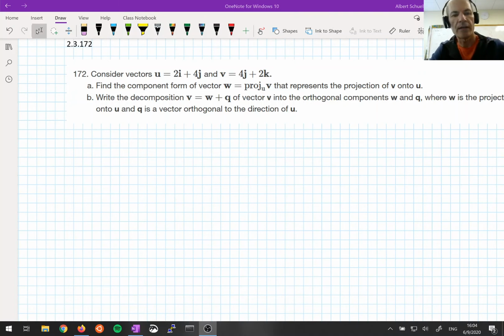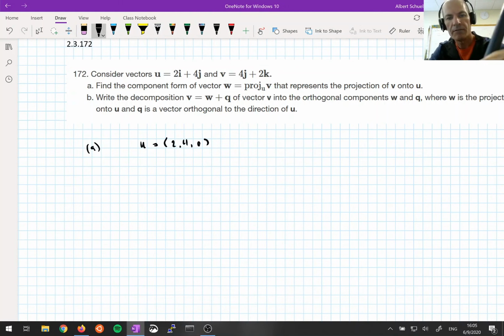So let's work out part A first. Before we do part A, let's write u in terms of its coordinates, that's 2, 4, 0, and v in terms of its coordinates, 0, 4, 2.